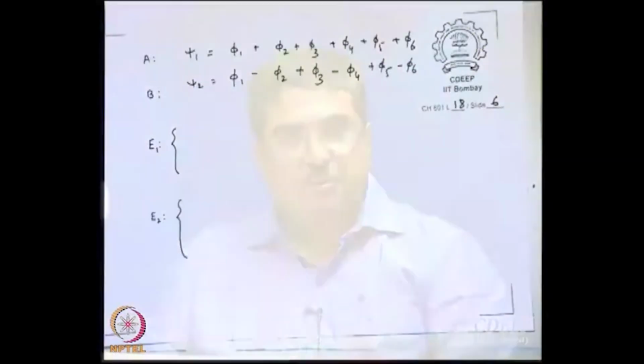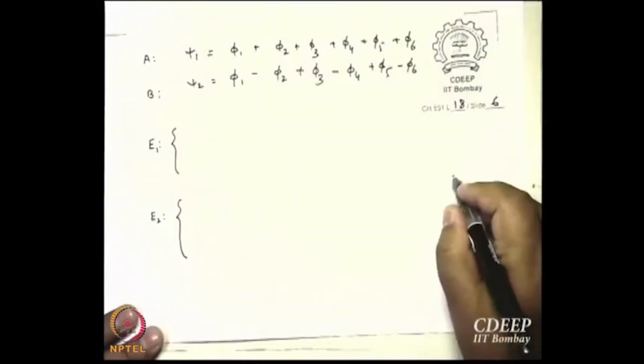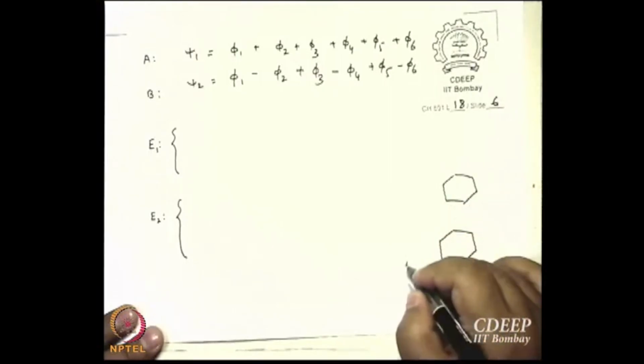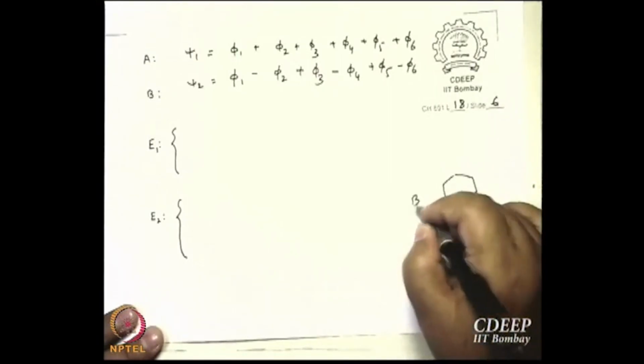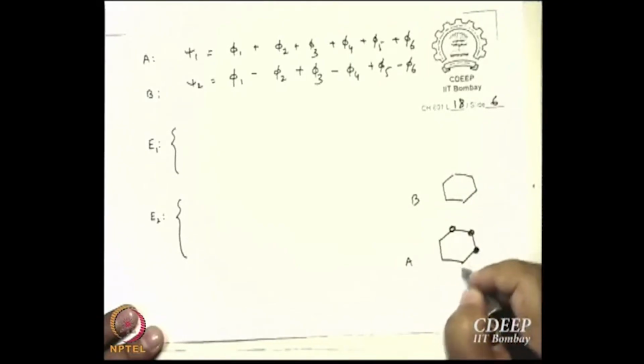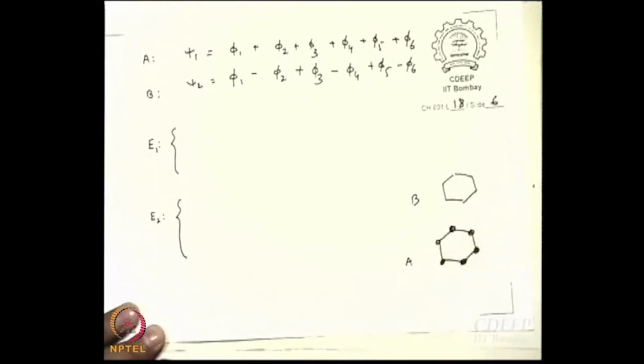Even before writing the other two, I want to see if I can draw the nodes. Okay. So, this is for A, this is for B. Here everything is positive. So, how many nodes for A? 0.